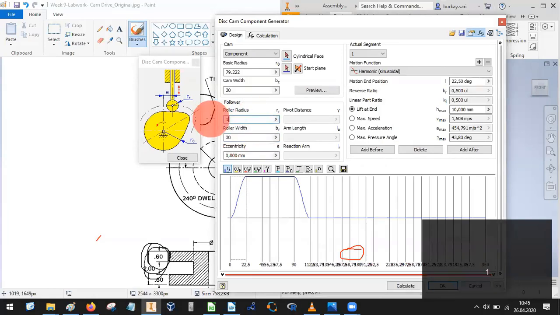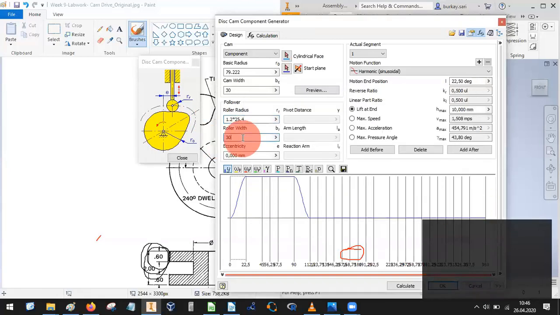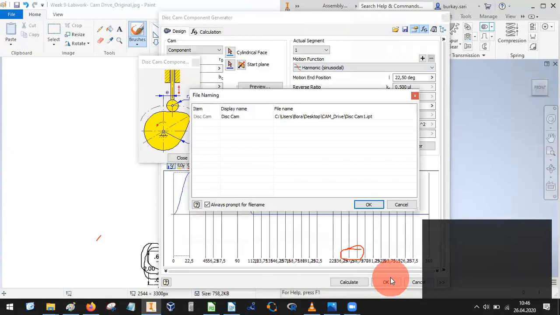For this one, I will make the entry times 25.4. Okay? Which is 30.5. After this, please press the calculate button and make the OK. You will create the first cam body part.